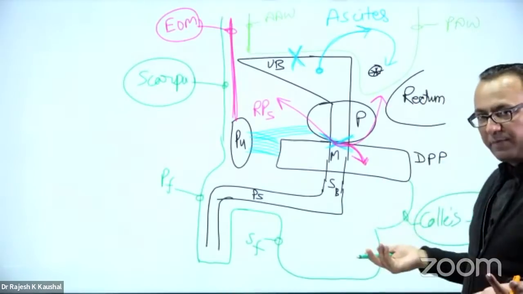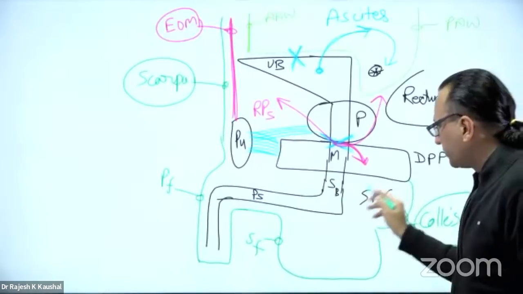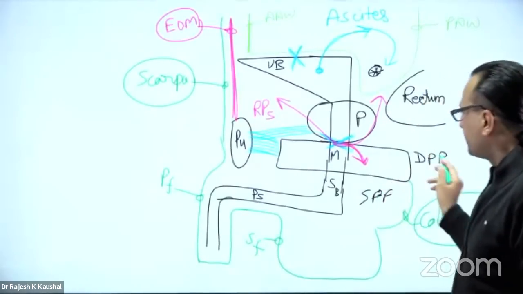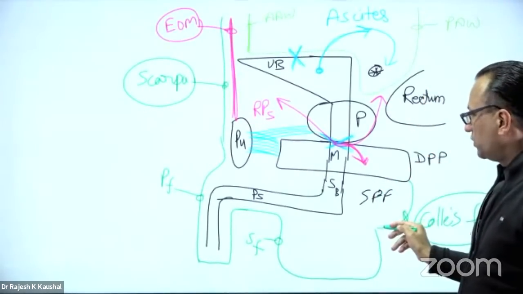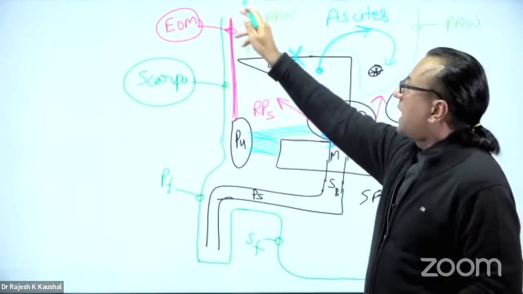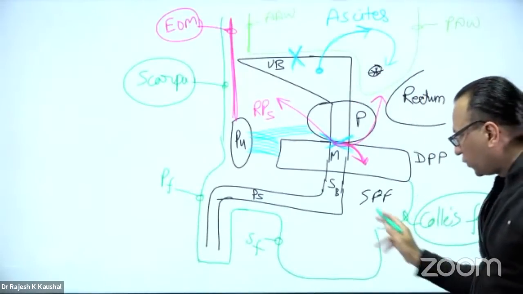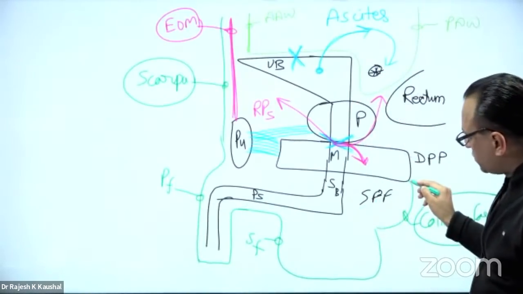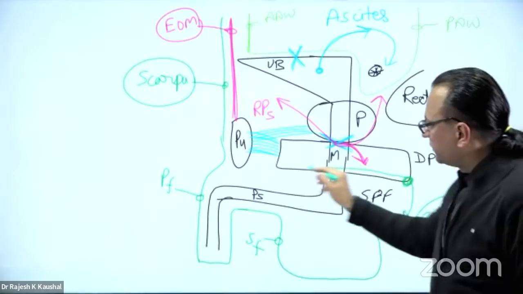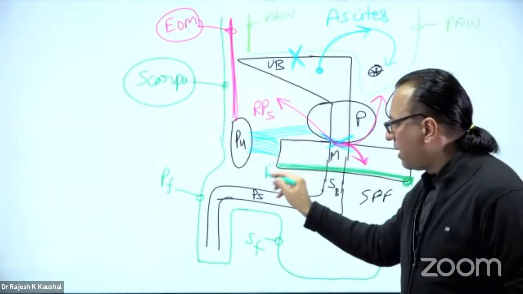So where is the superficial perineal pouch? The superficial perineal pouch is here. This is the superficial perineal pouch, and this is the deep perineal pouch. Now, as we are following the fascia, Scarpa's, penile, scrotal, Colles fascia, which is the floor of the superficial perineal pouch, is joining the deep perineal pouch floor, and that is the perineal membrane.